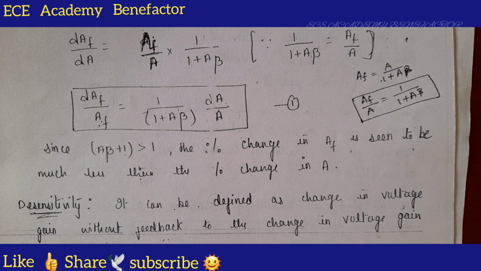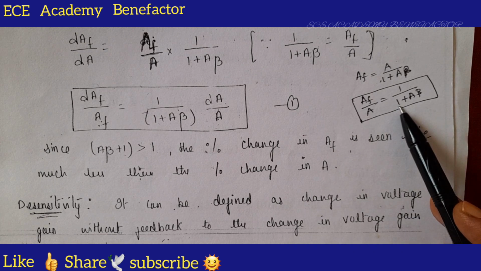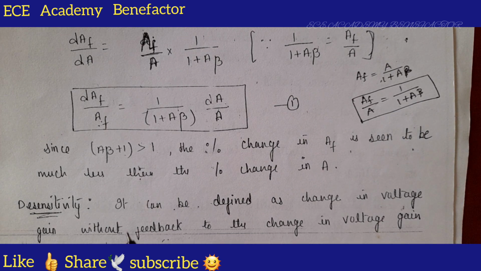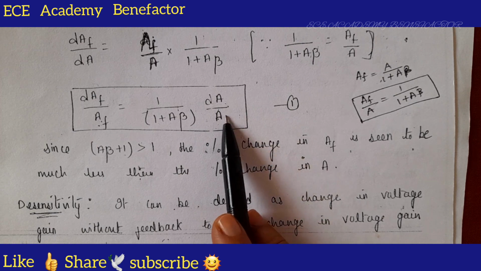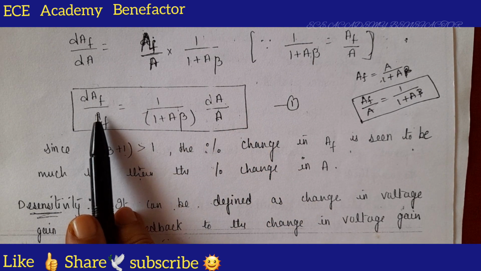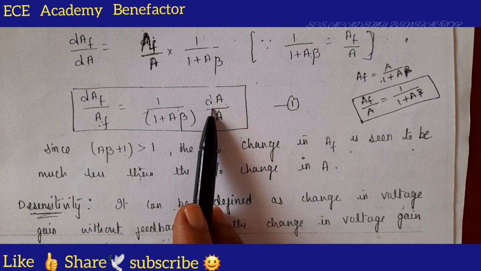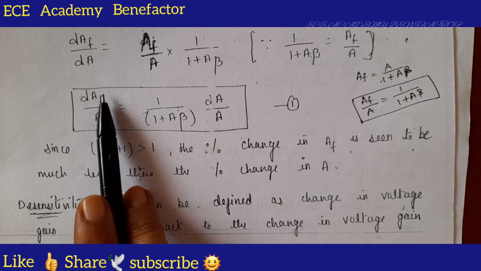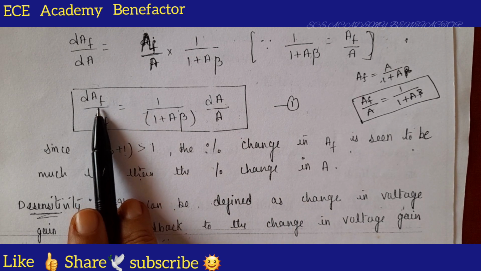So there are two ways to stabilize the gain. One is by making A beta very, very large compared to 1, and again, even if there is a fractional change in gain due to certain reasons, we found by this derivation that the fractional change in gain AF will be very, very less compared to the fractional change in gain without feedback. So after applying negative feedback, even if there are changes in the gain, the fractional change will be very less.